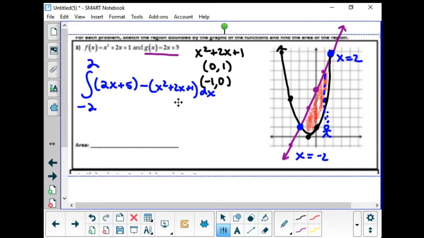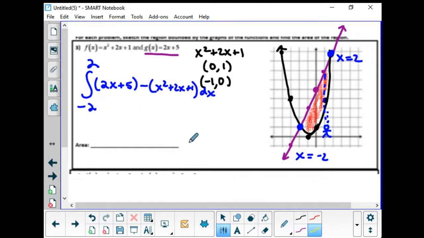Okay. Now, that looks incredibly intimidating. You're looking at 5 terms to work with. That's where you definitely make your life easier by combining like terms. The 2x here with the minus helps you.